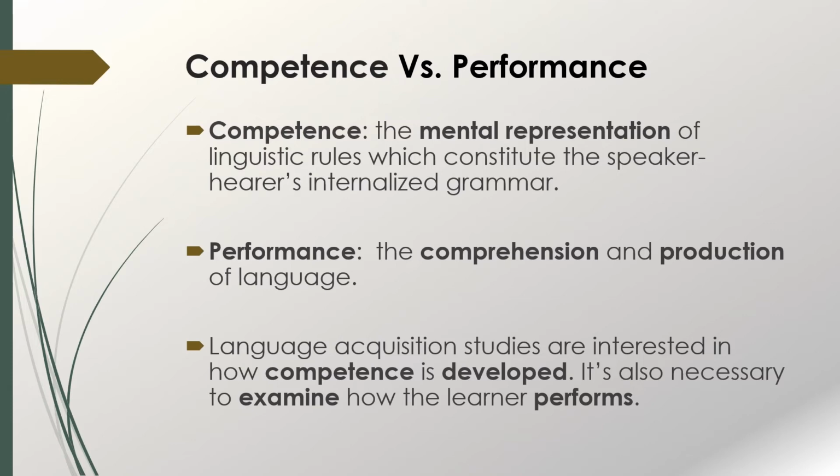Language acquisition studies are interested in how competence is developed. So second language acquisition is mostly interested in how competence is developed, and of course it also looks at how the learner performs, and that's how second language acquisition can be measured.